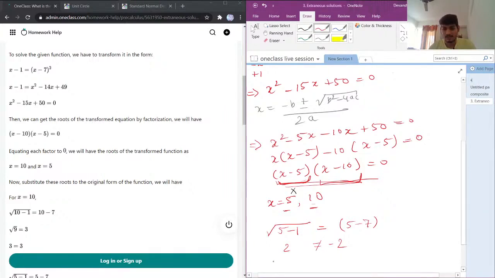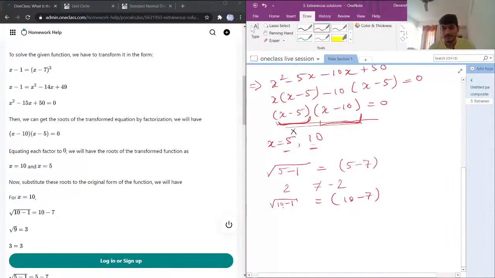Now let us put x equals 10. The square root of 10 minus 1 equals 10 minus 7. 10 minus 1 is 9, the square root of 9 is 3, and 10 minus 7 is 3.